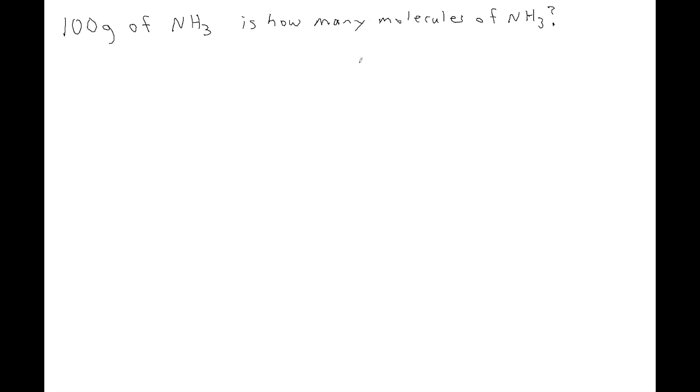So again, try using the systematic method we were just talking about in the last problem and tell me what you're writing down. Okay. First, you write down your target value, which is just going to be individual ammonia. And then you write down what you have, which is 100 grams of ammonia. So then first you'd write down your mole conversion ratio, which is going to be 1 mole of ammonia for every 17 grams of ammonia.